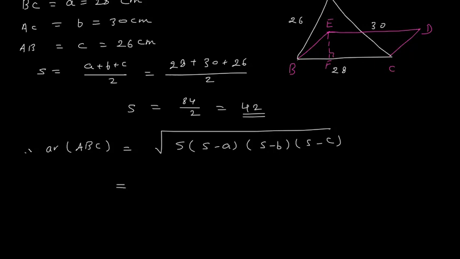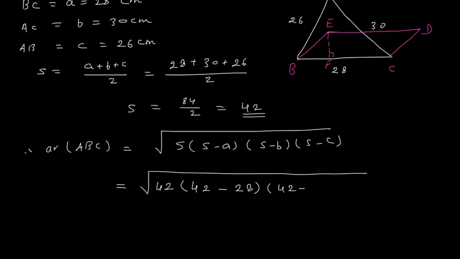This will be equal to root of, the value of S is 42 into S minus a is 42 minus 28, S minus b 42 minus 30 and 42 minus 26.